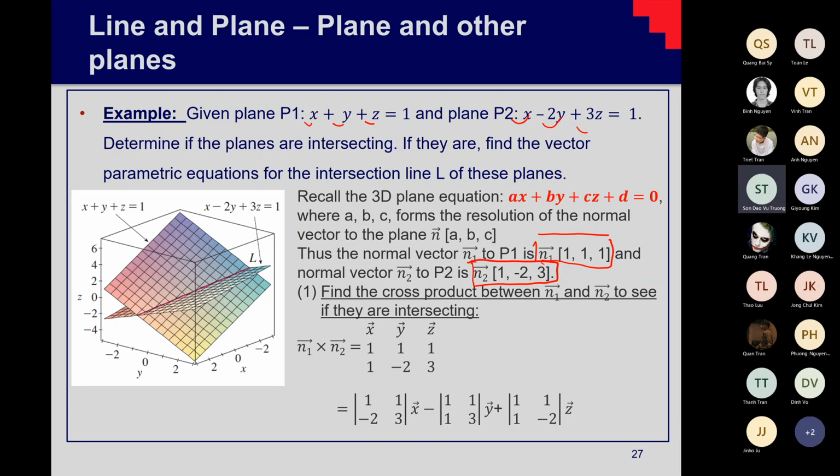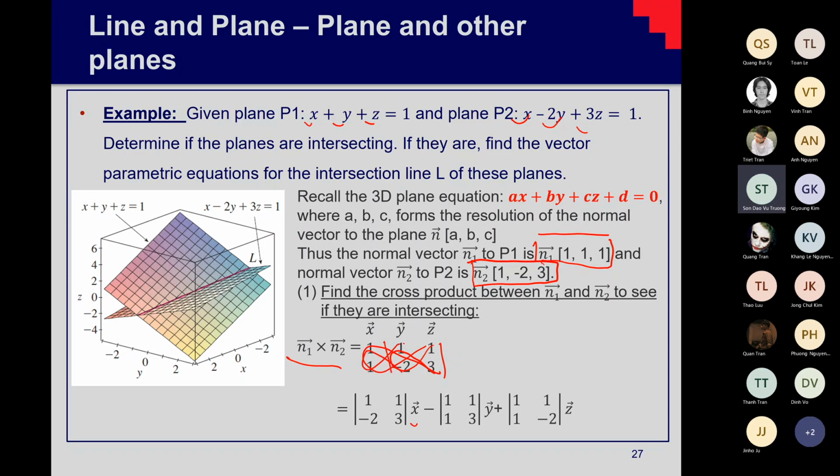N1 cross N2 will be the determinant of the matrix with the unit vectors on the first row, 1, 1, 1, and 1, minus 2, 3.